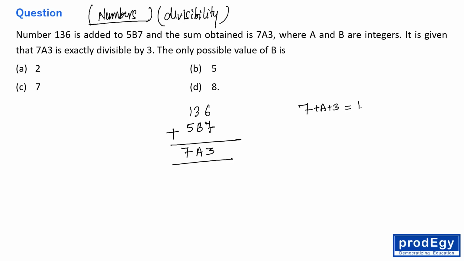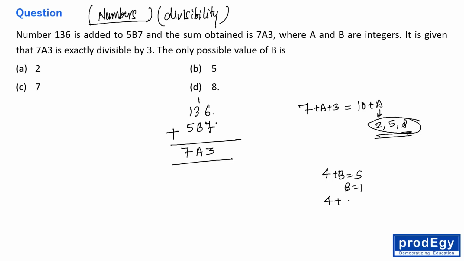Okay, 7 plus a plus 3. It means 10 plus a. If 10 plus a is divisible by 3, then a can be 2, 5 and 8. Right. Now, 6 plus 7 is 13, 3 and 1 carries. So this is 4 plus b. If 4 plus b is 5, b is 1.